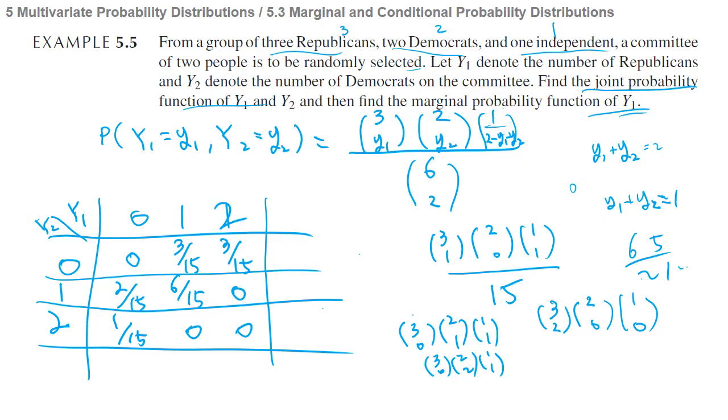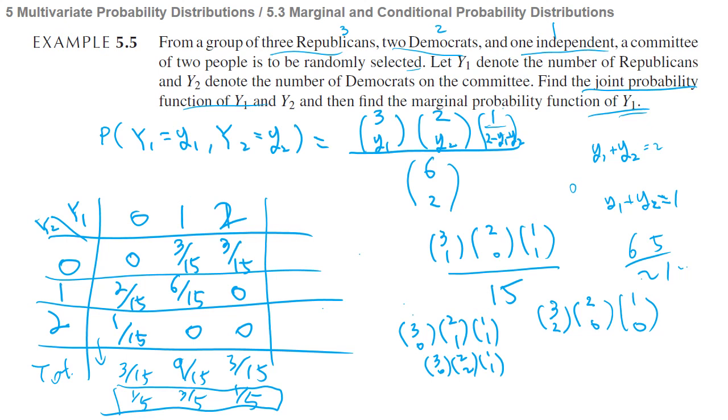So we sum the probabilities across this side: 3 over 15, 9 over 15, 3 over 15, which is 1 over 5, 3 over 5, 1 over 5. So this is the marginal probability. For y1 equal to 0, 1, 2, the probability of y1 is 1 over 5, 3 over 5, and 1 over 5.